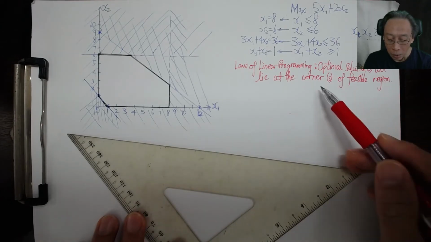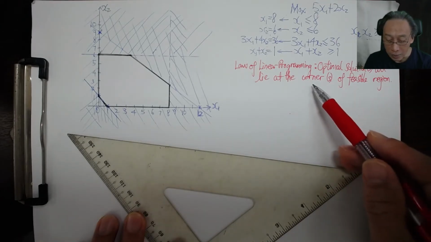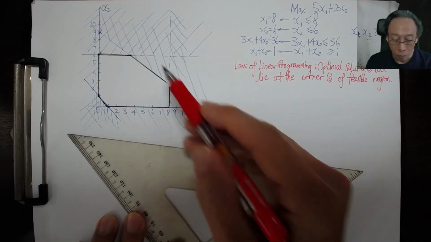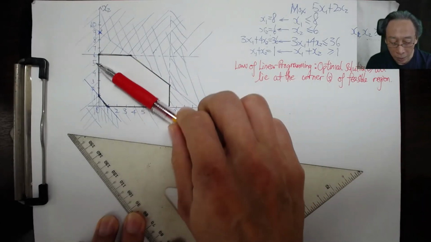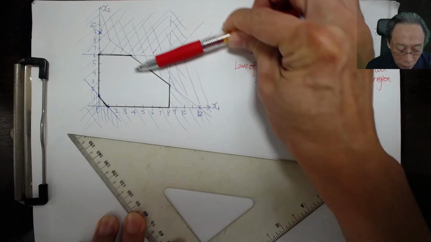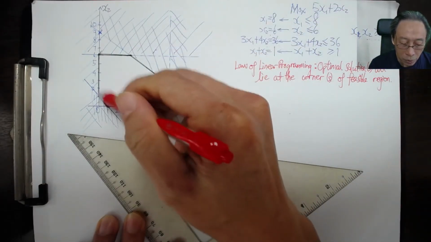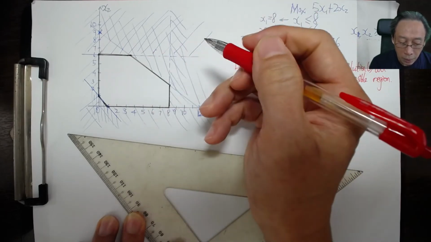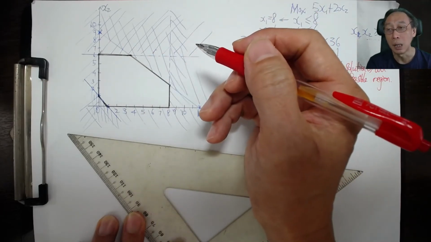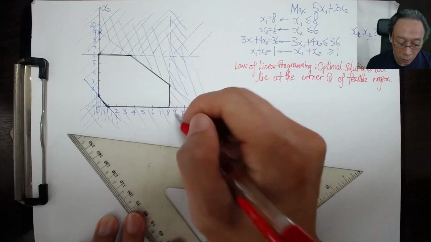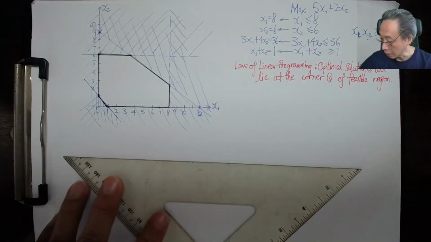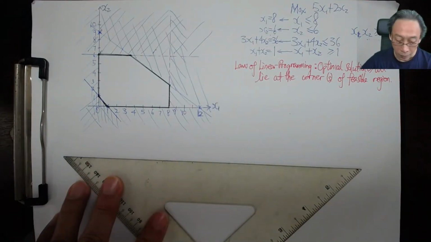So it lies at the edge or at the corner of the feasible region. Well, corner in a way can be the edge here, and the corner of the line at the edge is the corner here, right? So in long story short, it is at the corners. Now we just need to find out what the coordinates of the corners are. Let's begin with the easier points.